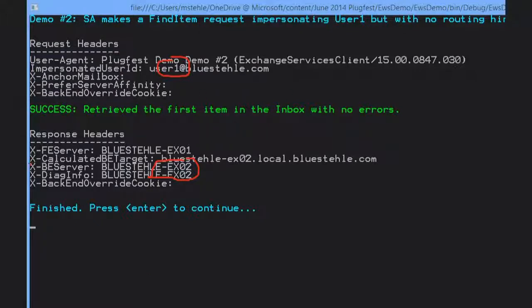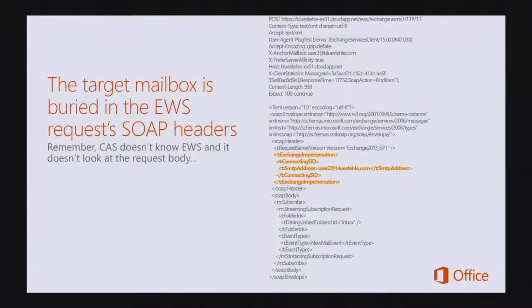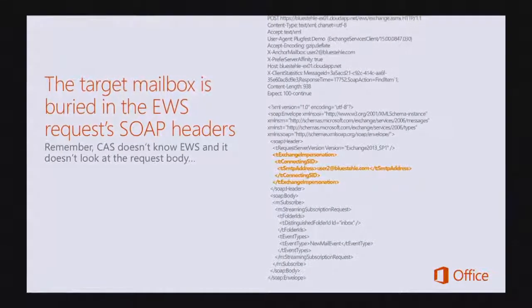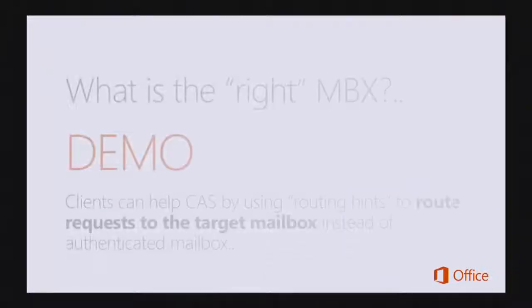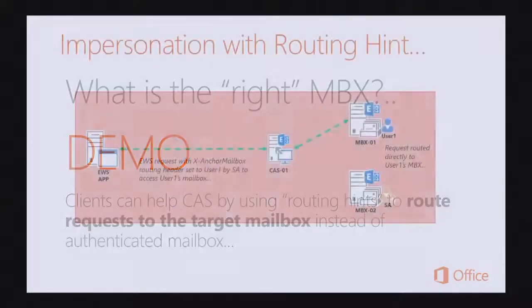So to get around that, we have the concept of routing hints. This is your application taking ownership of where the target mailbox server is, or where to route the request. You're basically overriding the default logic and saying, this is where I want you to send that request.